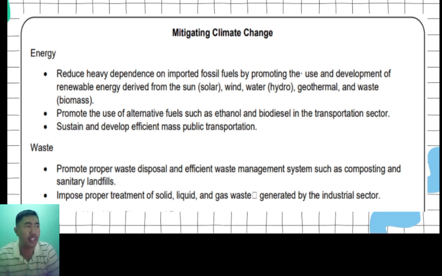So we should not depend on imported fossil fuels. Also, we can use renewable energy from the sun, which is solar, and wind, like the windmills in some places, and water, hydro, an example of which is the Fibico, which uses water, hydro, to produce energy.